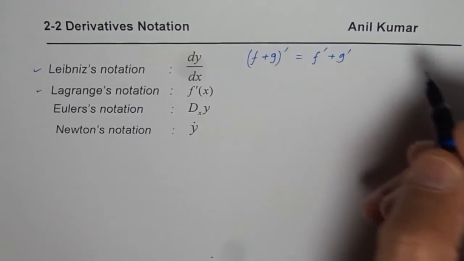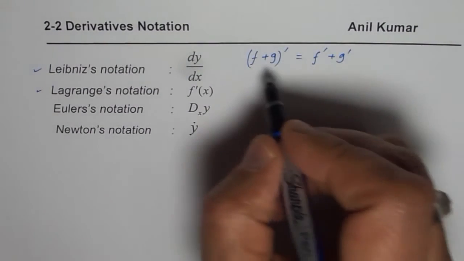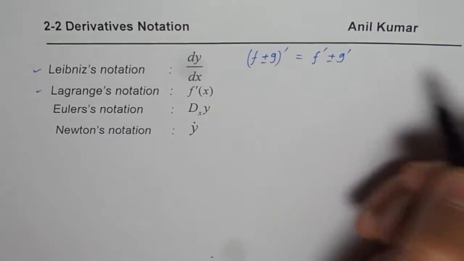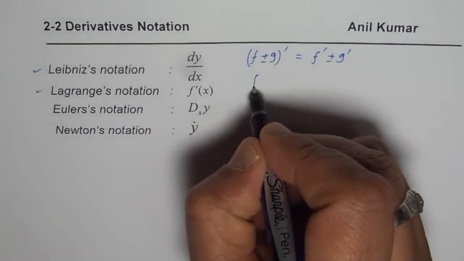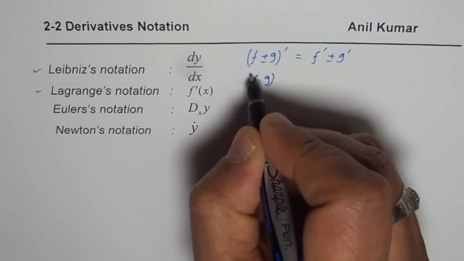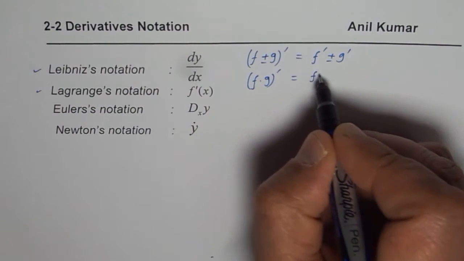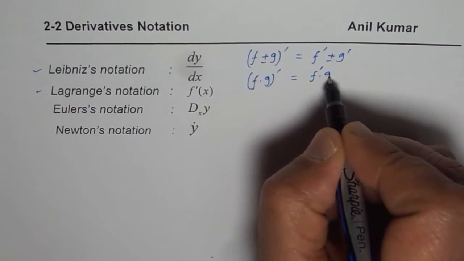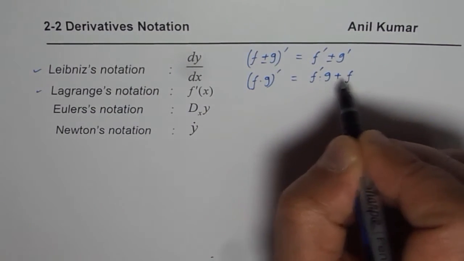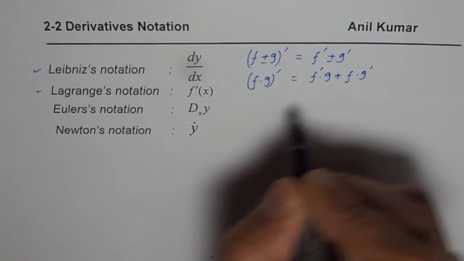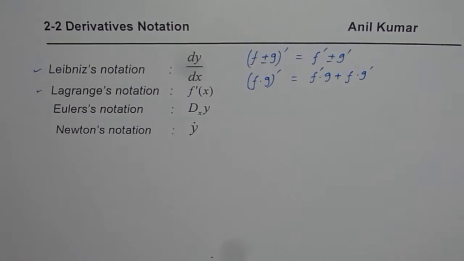So simple, correct? Similarly for difference, and for product, it will be f times g prime, which we'll learn in the next chapter: derivative of the first times the second plus first times the derivative of the second. So it's very convenient to write formulas.